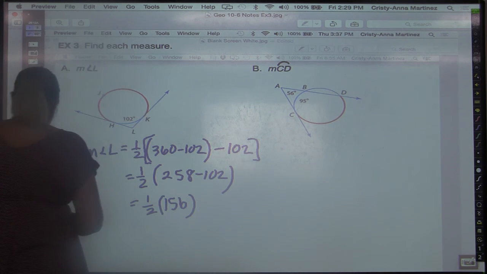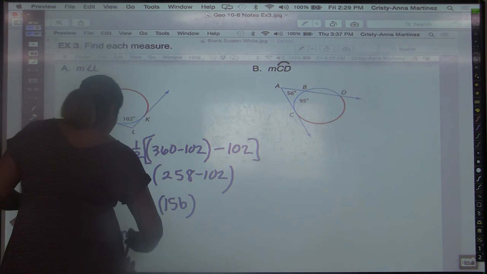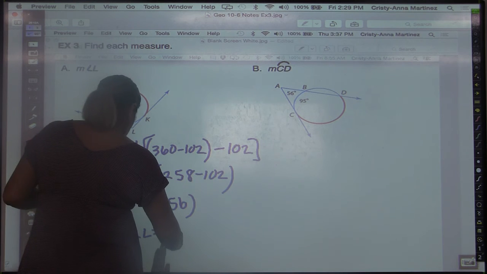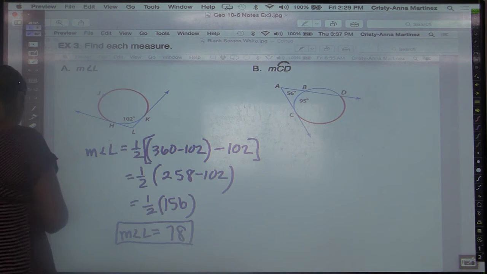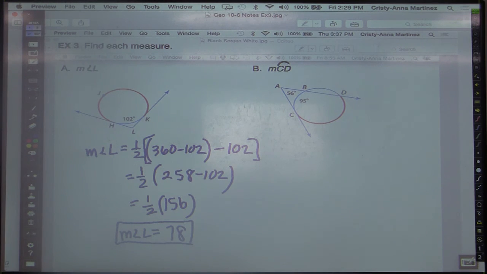And then if you divide 156 by 2, you're going to get that the measurement of angle L actually equals 78. Very nice.